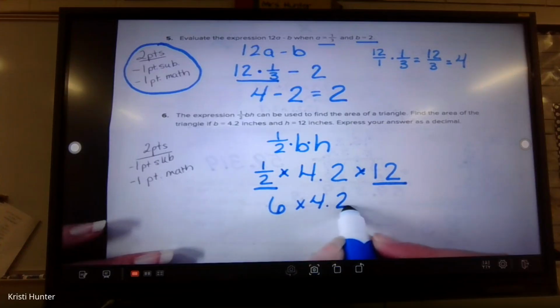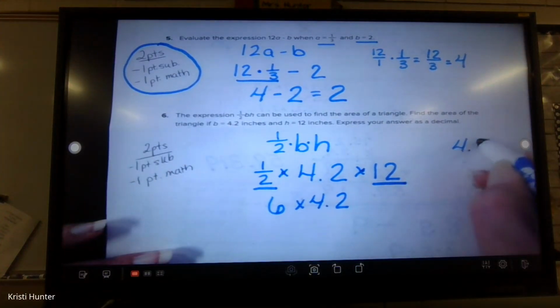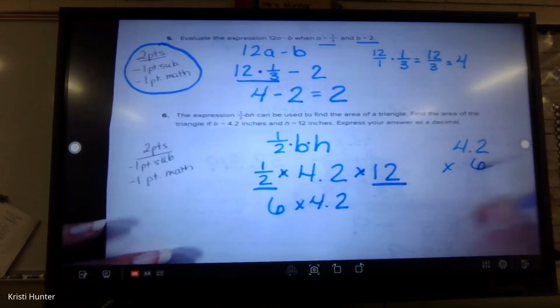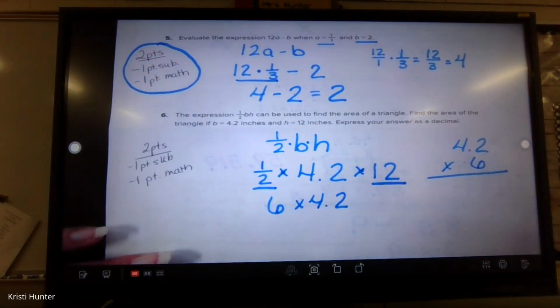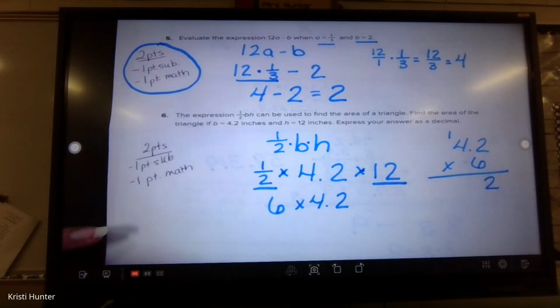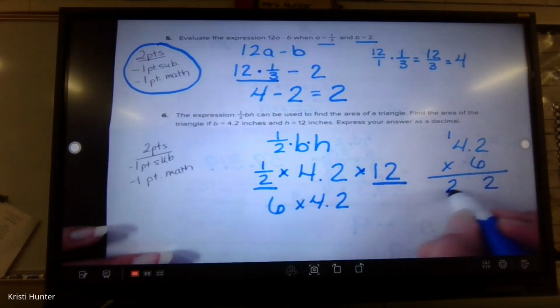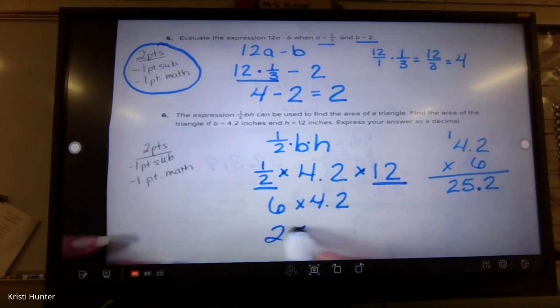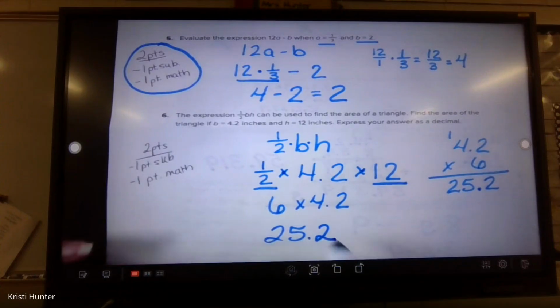And then all we have to do is take 4.2 times 6. And 2 times 6 is 12. 4 times 6 is 24, plus 1 is 25. It has one decimal place. So my answer is 25.2.